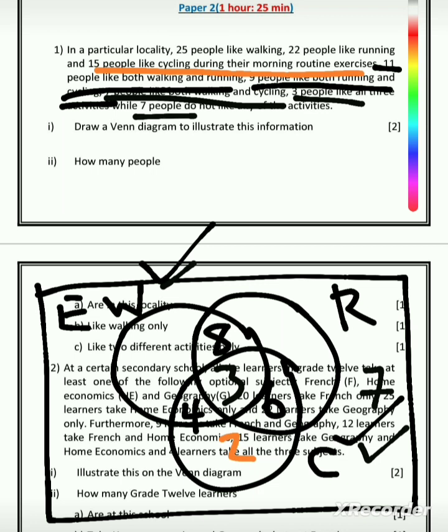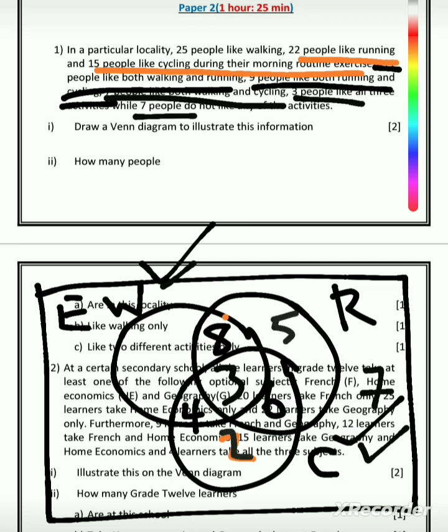We continue. 22 people like running, but we already have 8, 3 and 6. So 8 plus 3 plus 6 gives us 17. If we subtract 17 from 22, we get 5.